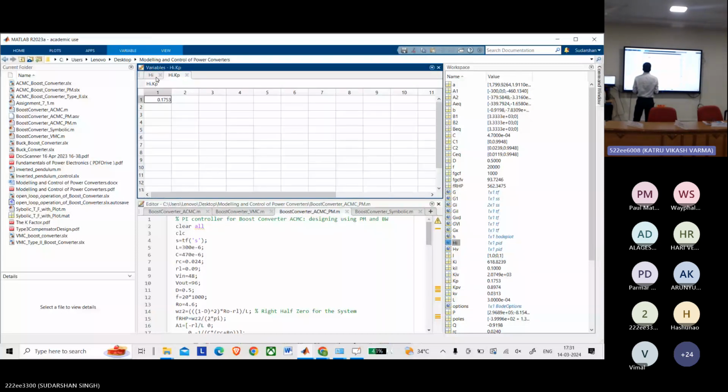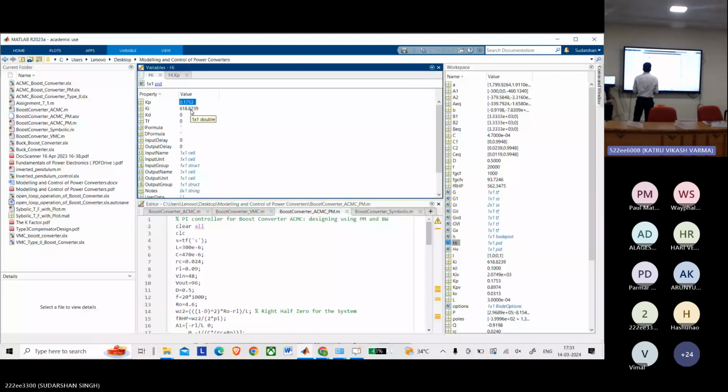Kp is 0.1753 and Ki is 618.8239. So these are the inner loop values.